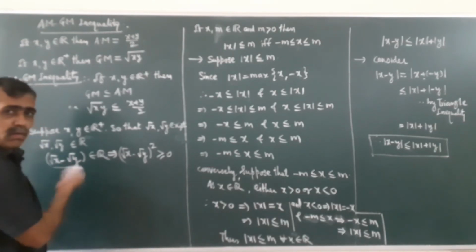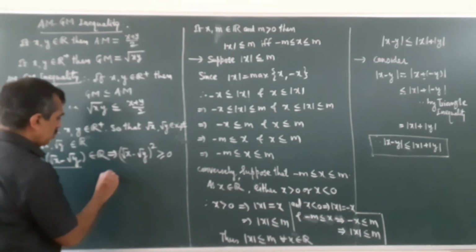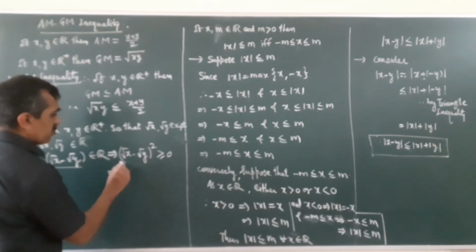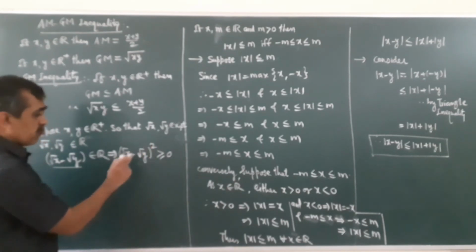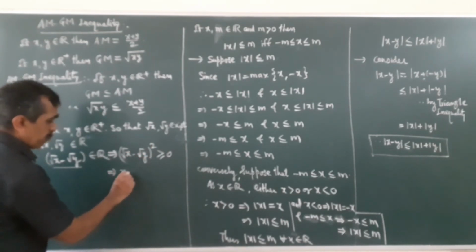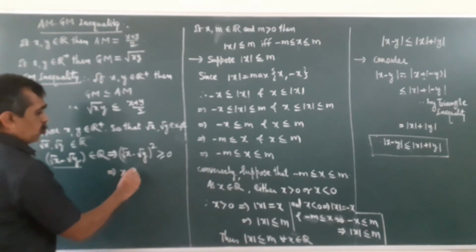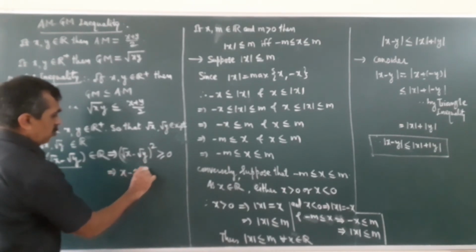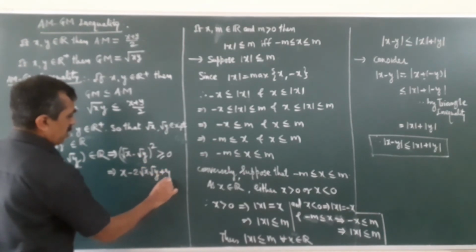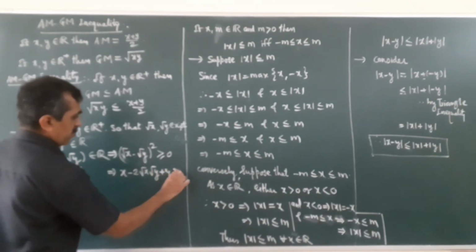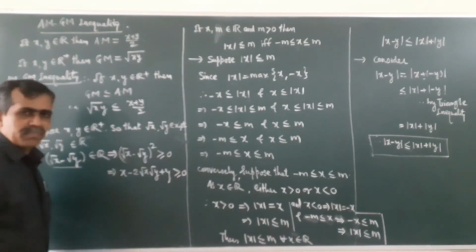Just expand this, (a minus b) squared. What is a square? x minus 2 into root x into root y plus y, the b square, and this is greater than or equal to 0.